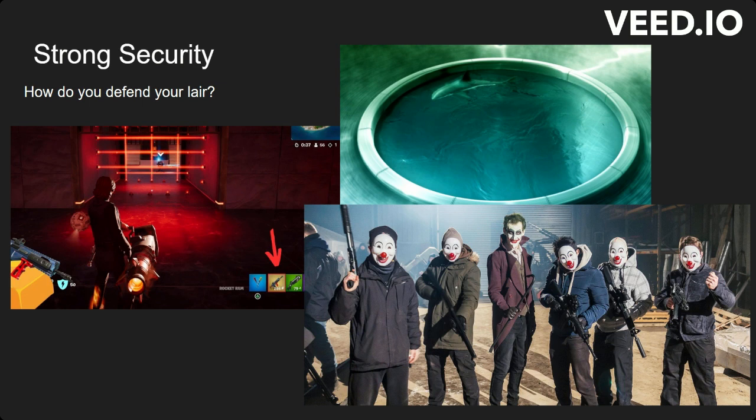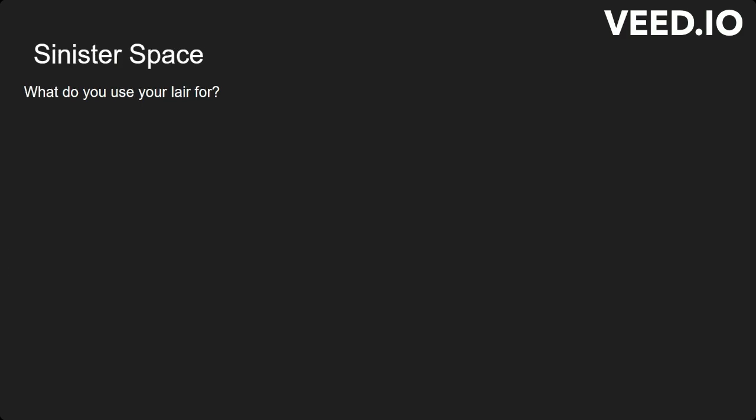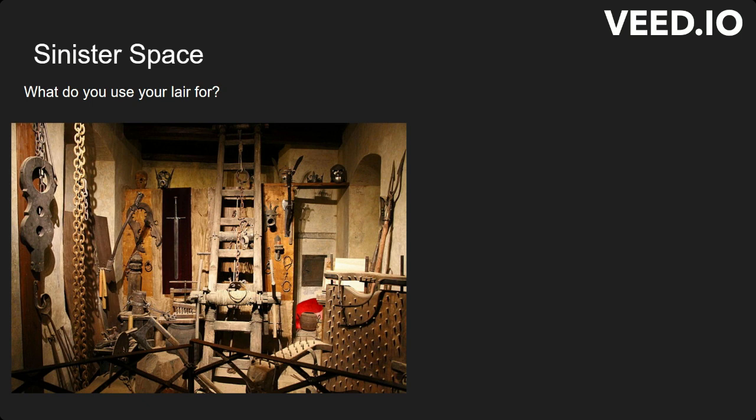Traps and your goons. Finally, we're going to talk about the sinister space. By this, I mean, what do you use your layer for? Of course, it's a home base for all of your mischief and bad deeds. But, of course, there are other things you can do with it. You can establish a torture chamber in order to kidnap and mutilate anyone you may want.